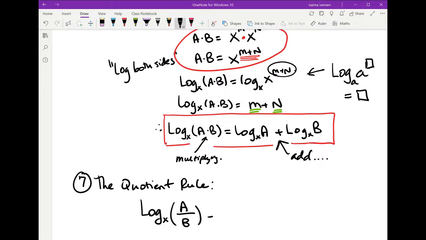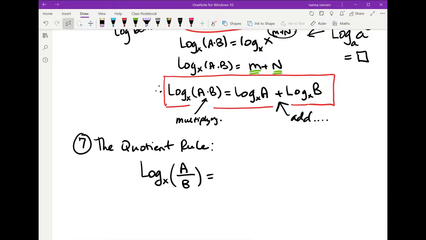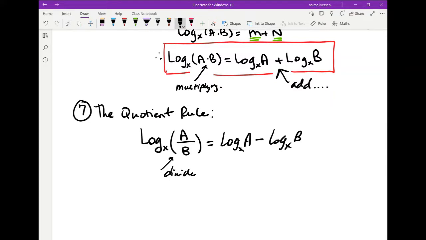Well, if we think about the logs are exponents idea, if you realize that when we're multiplying inside of our logarithms, we add our exponents, what we think of as an exponent, that means that when we divide, we are going to subtract our exponents. So log base x of a, starting with the top, minus log base x of b. So this is our quotient rule.